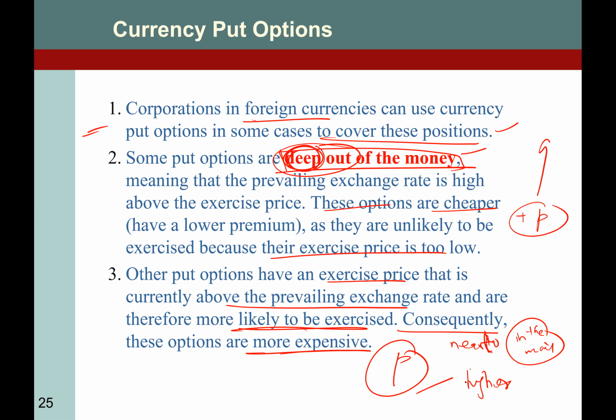If the chances are that in future the price is not going to decrease, then the premium is going to be low. So for deep out of the money or out of the money puts, premiums are low. In the money or at the money, and the chances are that the option is going to be in the money in future, the premium starts increasing.